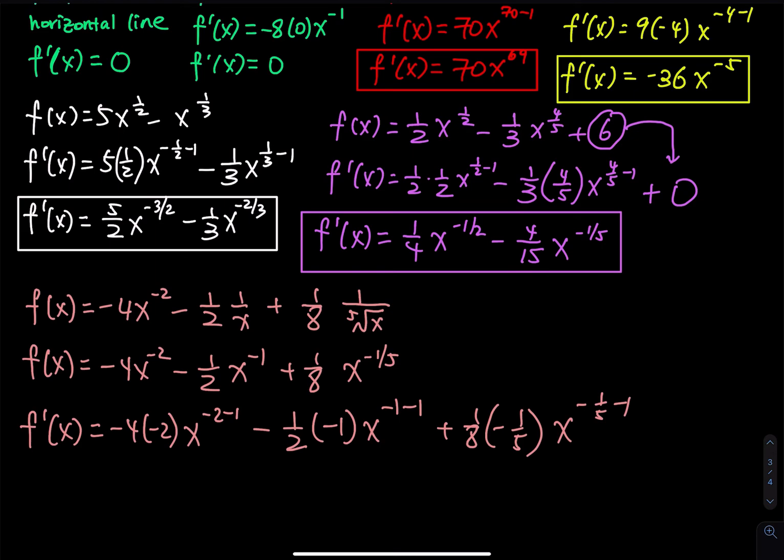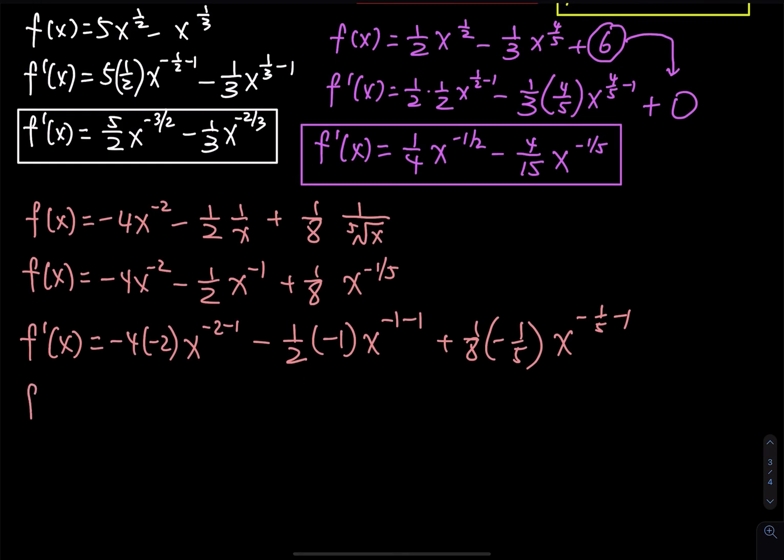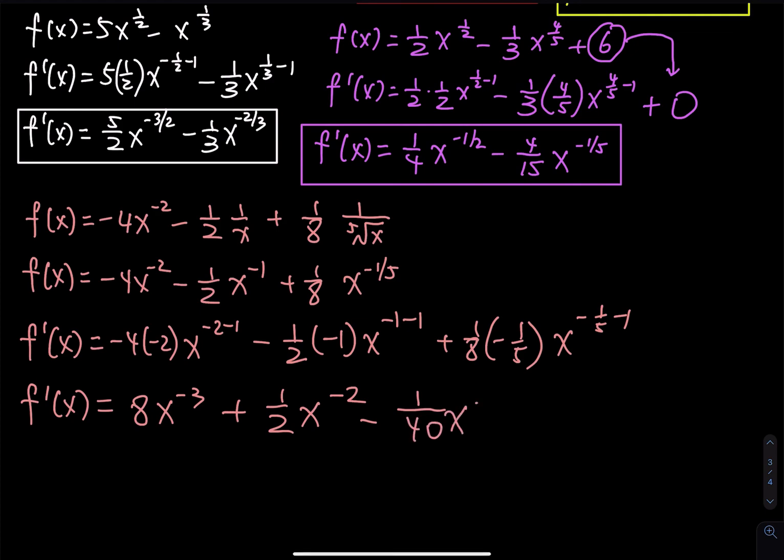Let me make sure I bring everything down. All right, looks good. And then we clean this up. That is equal to 8 x to the negative 3 plus 1/2 x to the negative 2, and then minus 1 over 40 x to the negative 6 over 5. And that's it. This is your final answer.